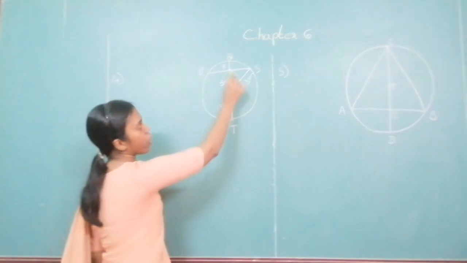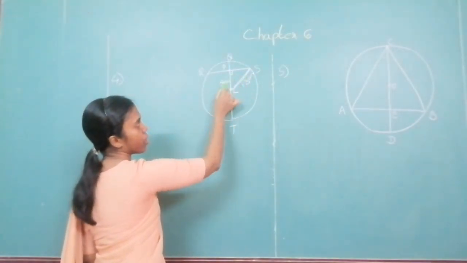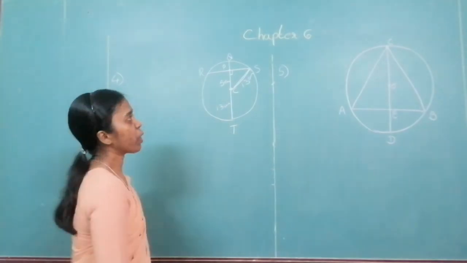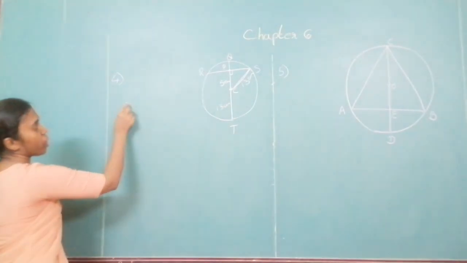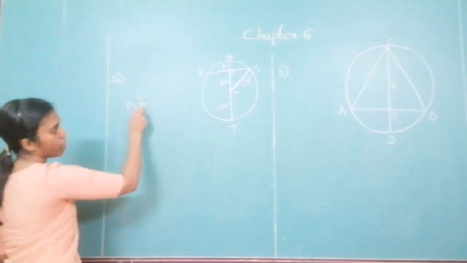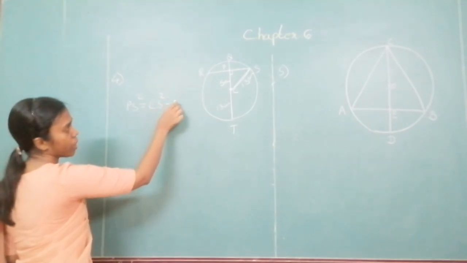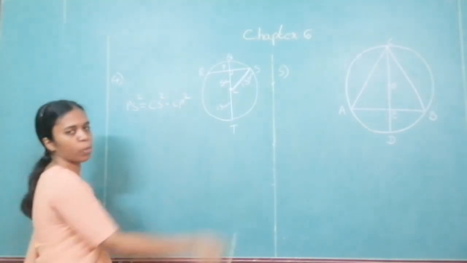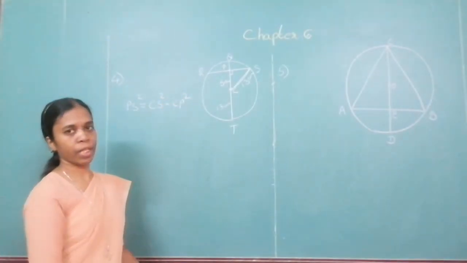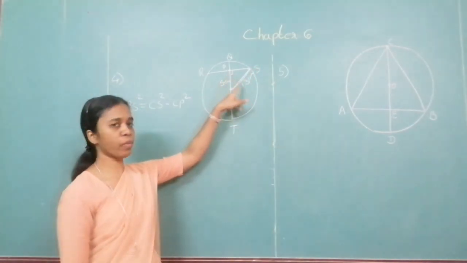How do you get the length of PS? You can see here, given this is 13 centimeter. This is a right angle triangle. So by using Pythagoras theorem, PS square is equal to CS square minus CP square. It's a right angle triangle and you can see that this is the hypotenuse, opposite the 90 degree.